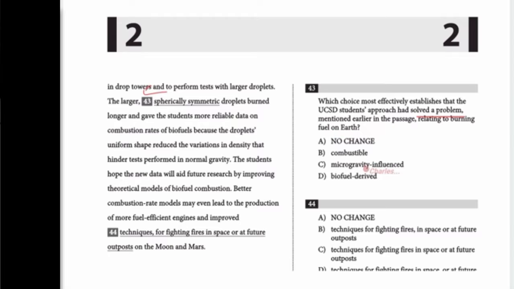The problem is not that they're microgravity influenced, because they weren't microgravity influenced on Earth. It's not that they weren't combustible. They were combustible on Earth. And they were biofuel derived. That's what they used. It wasn't a problem on Earth versus space, the use of biofuel. So I think A is correct.